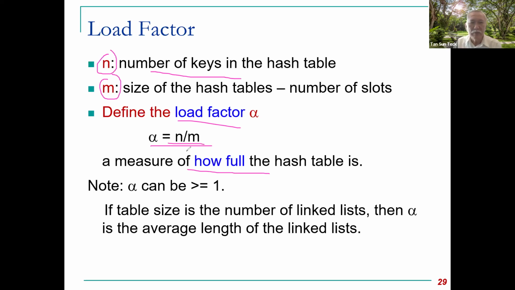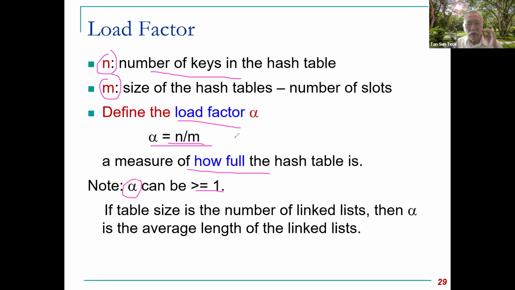So for separate chaining, this alpha can actually be greater than 1. For example, you have 100 entries inside this table, but each of them has 5 entries inside all these locations. That means n is equal to 500, but m is equal to 100. So we can have a load factor greater than 1.